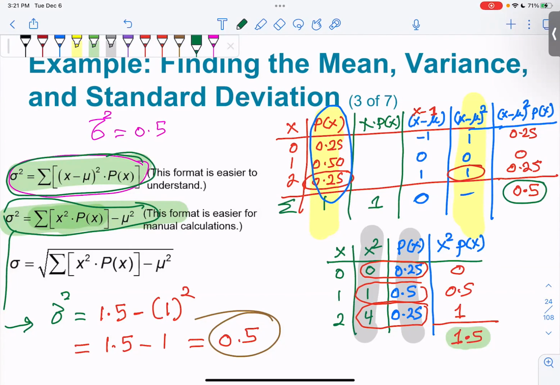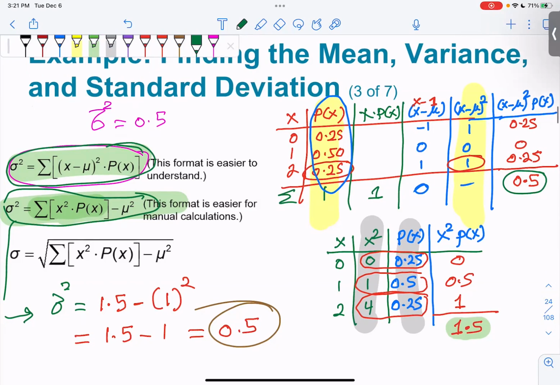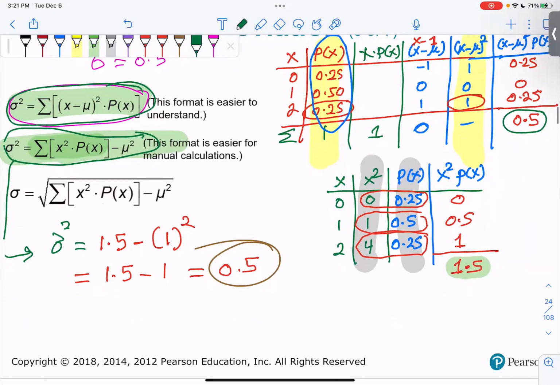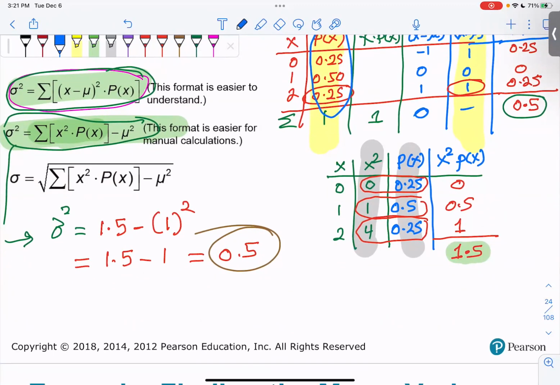But if we have some decimals, with mu equal to 1.73, for example, then it's easier to use the second formula. If we want to find sigma, the standard deviation, it equals the square root of the variance, which is the square root of 0.5. Okay?